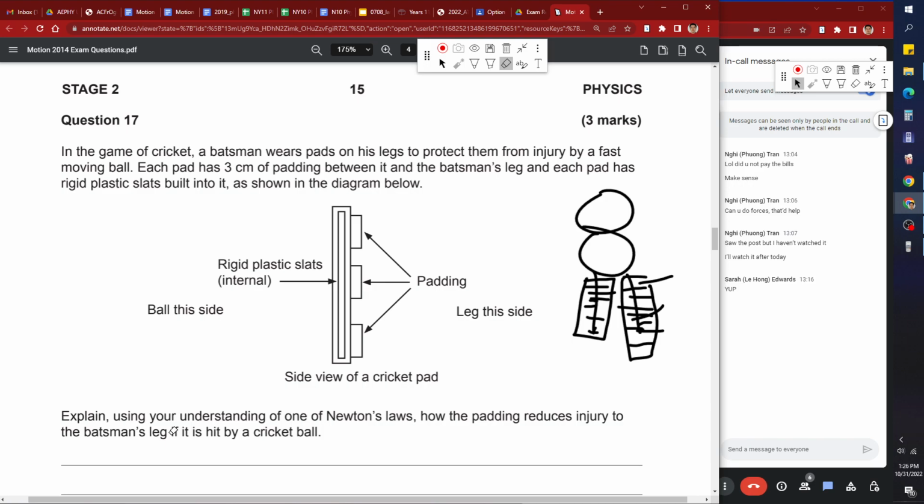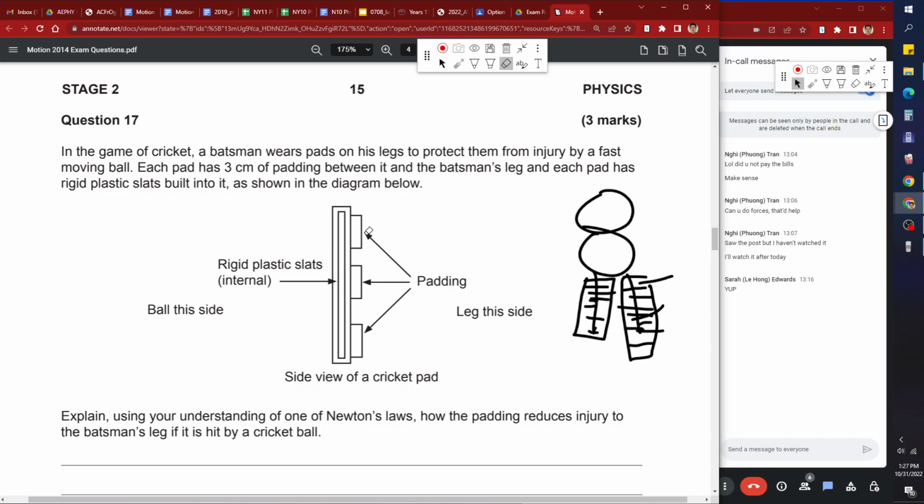Well, I think if you go back to your notes and if you look at your student book, one of the things that they mention, this is about momentum. Okay, it means that the mass and the velocity of the ball hitting him is spread out over a longer time because that's what the padding does.